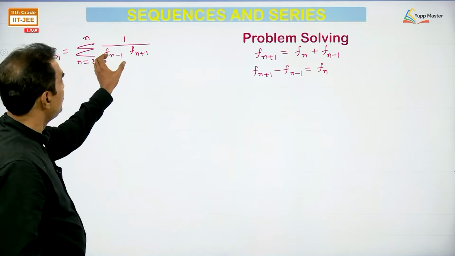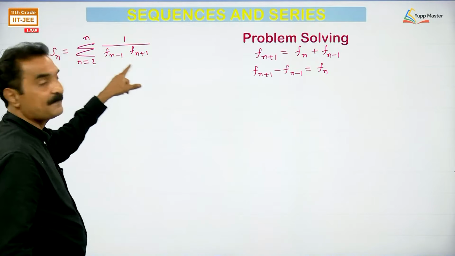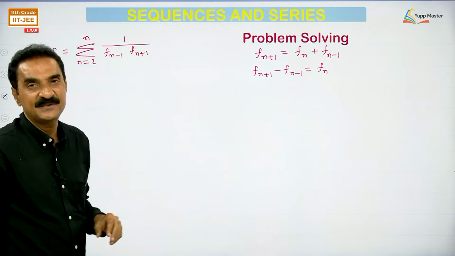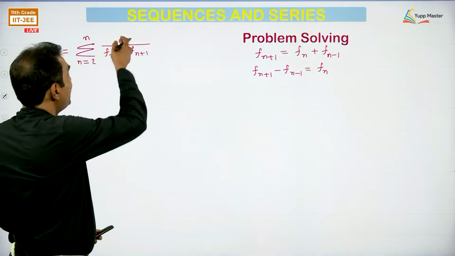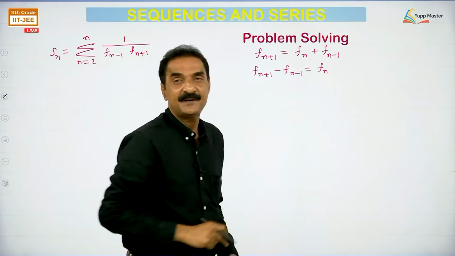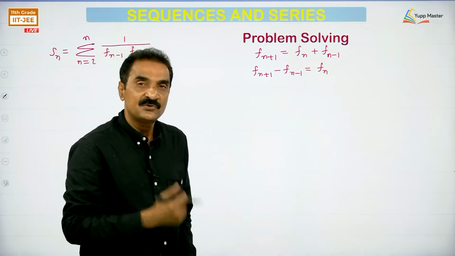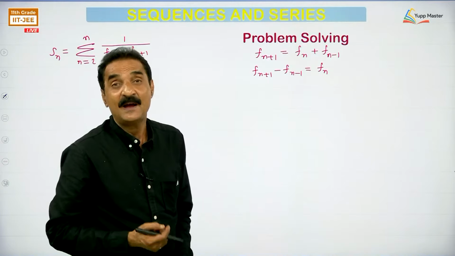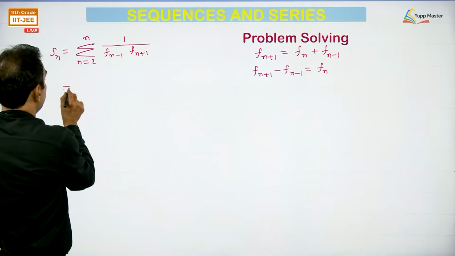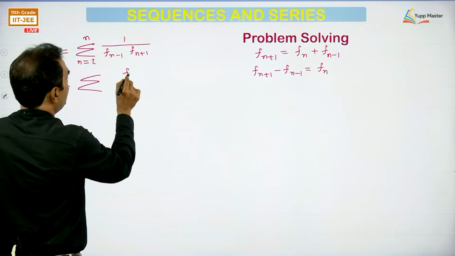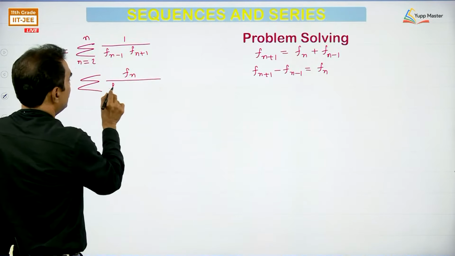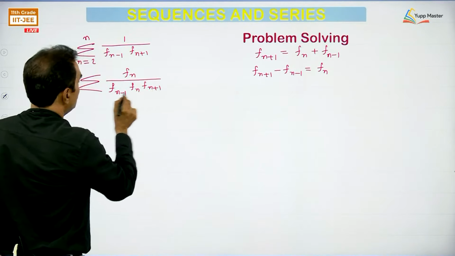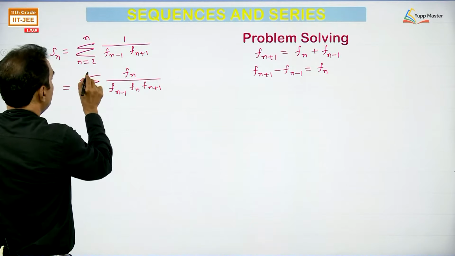So, if you can write the numerator as the difference of the factors of the denominator, then by separating we can get something like a telescoping series. But the numerator is 1. If it is f(n), you can write it as the difference of the factors of the denominator. So, you should realize that we need to multiply and divide by f(n). Multiply by f(n) and divide by f(n): f(n-1), f(n), f(n+1), n varies from 2 to n.